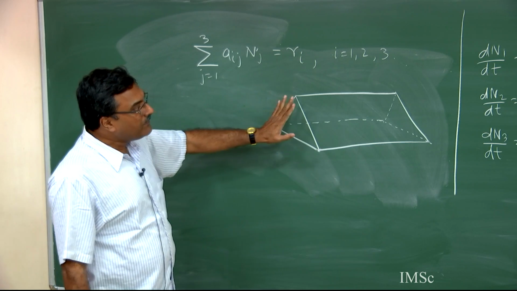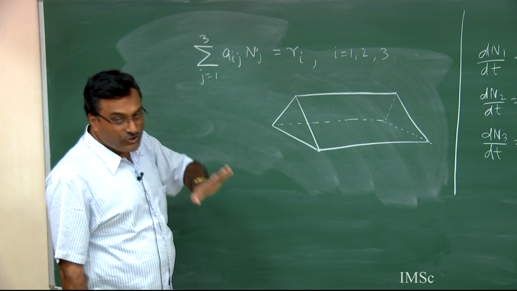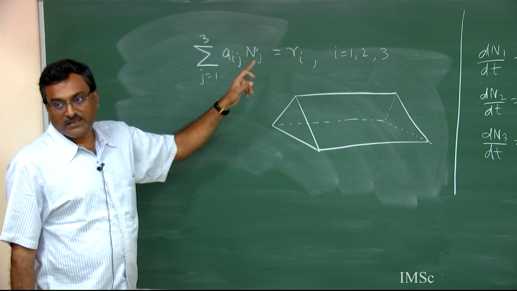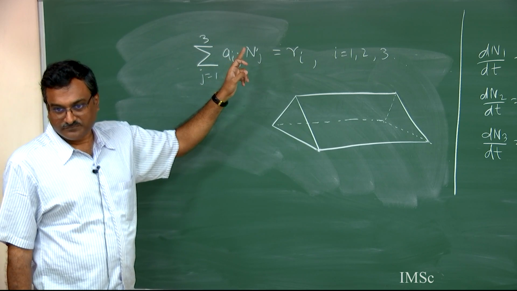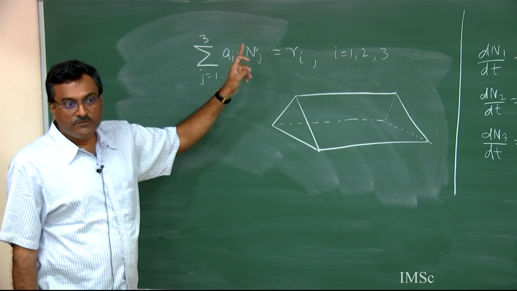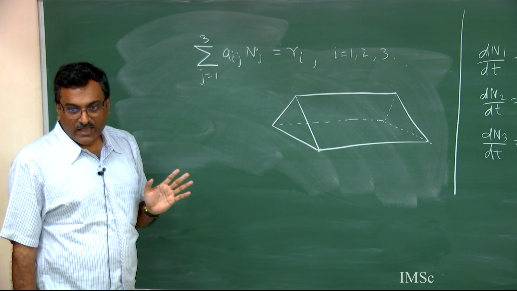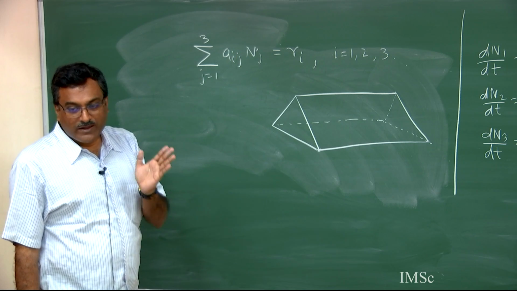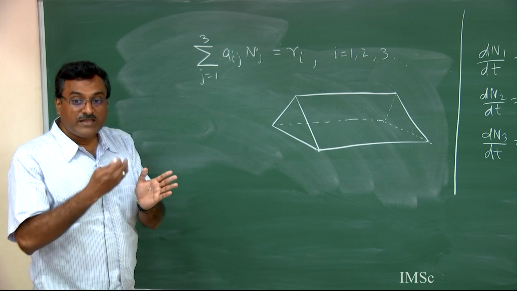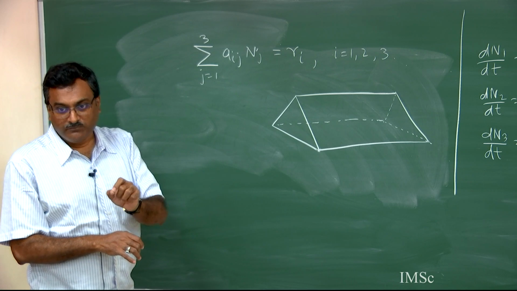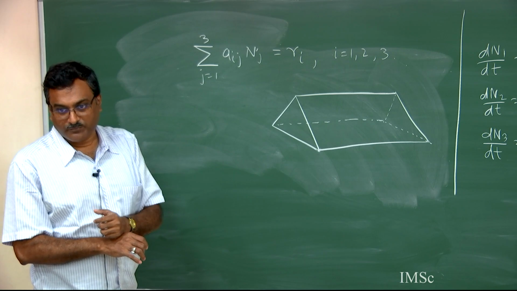But in principle, you can assume that this coefficient matrix is invertible. If you assume this coefficient matrix is invertible, then there exists a unique solution, and under such a condition you can find more than one equilibrium point apart from the coexisting equilibrium point.